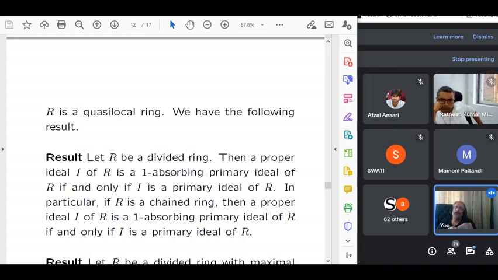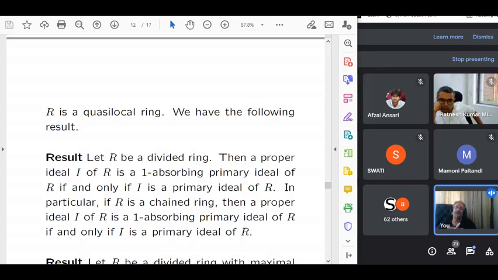That means your ring will have only one maximal ideal. So every divided ring has exactly one maximal ideal. And valuation rings are divided rings. Pseudo-valuation rings are divided rings.